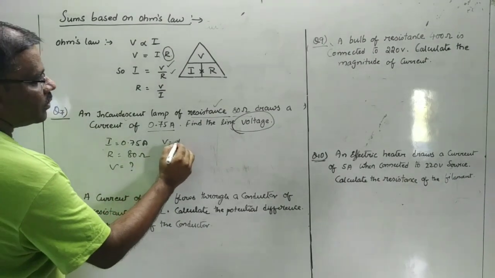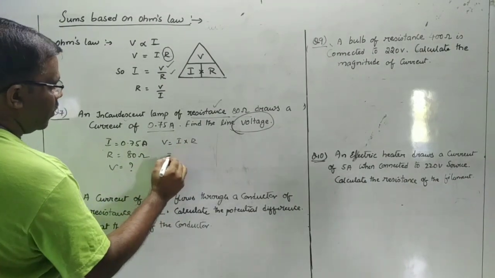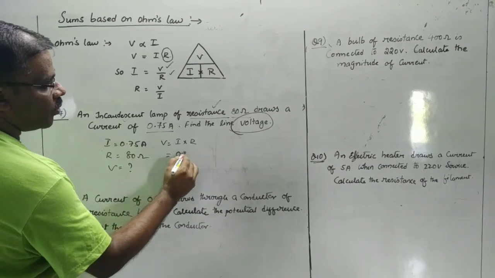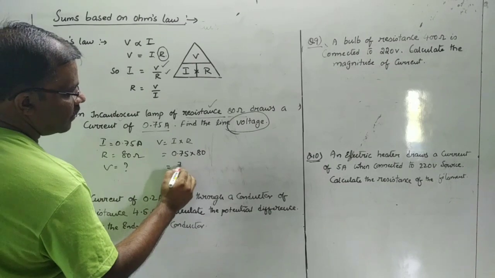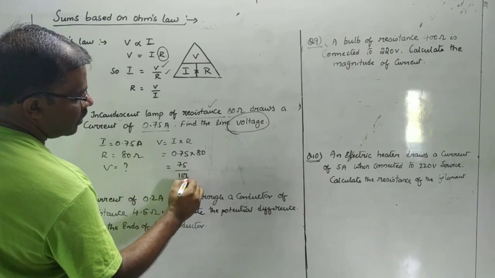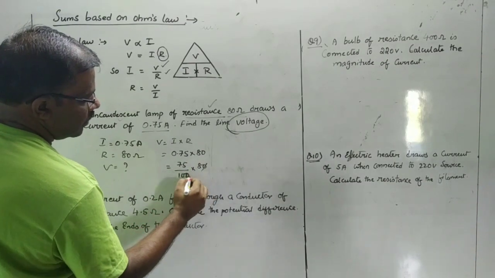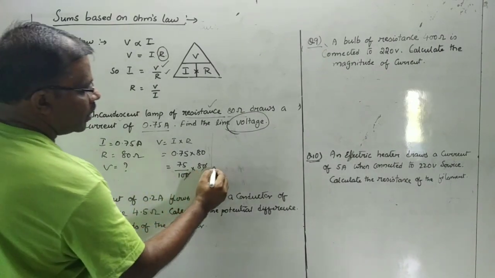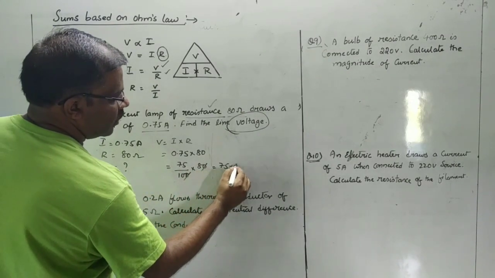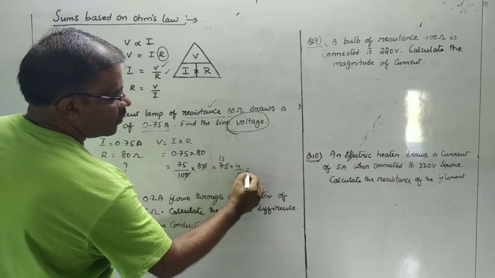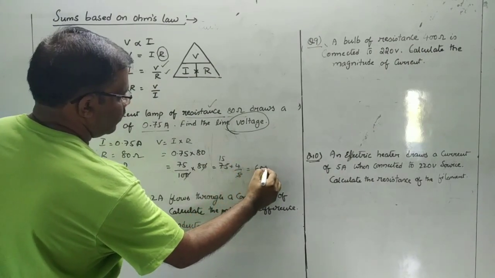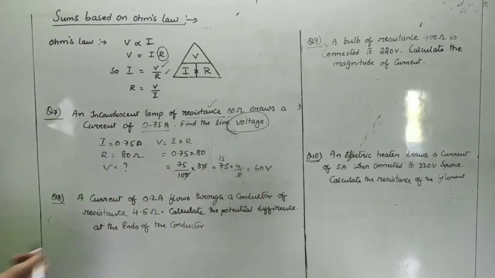So V is equal to I into R, which is 0.75 into 80, or 75 by 100 into 80. So it will be 75 into 4 by 5, so 15 into 4, which is 60 volts. That is the voltage.